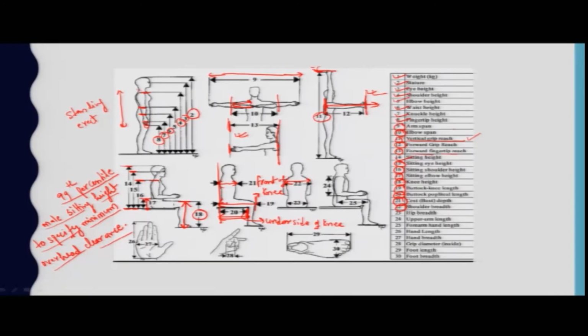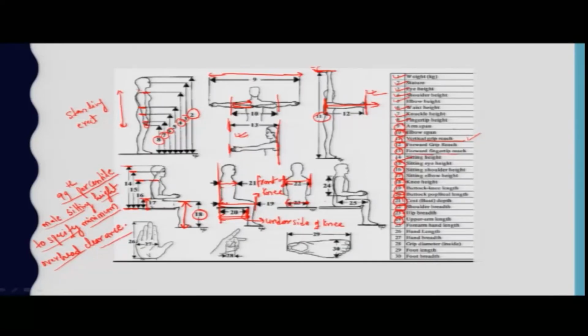This shoulder breadth is defined as the horizontal distance between the right and left outer upper points of the shoulder blades. 23 is the hip breadth. So, this breadth is known as hip breadth.